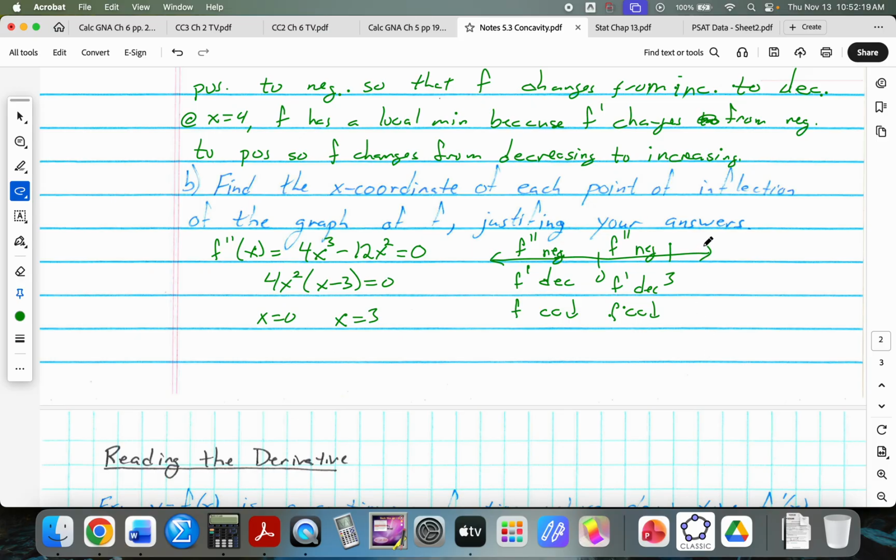If I pick a value larger than 3, say 4, the 4x squared is going to be positive. The 4 minus 3 also positive. Here, f double prime is positive, which means that f prime is increasing, which is the definition of concave up. So f is concave up.